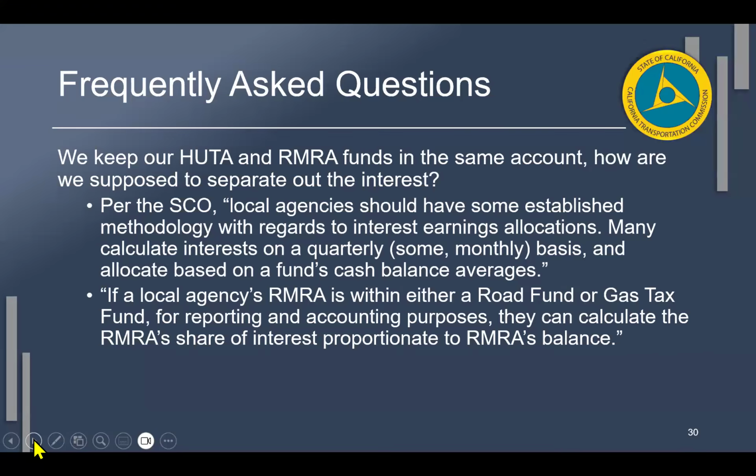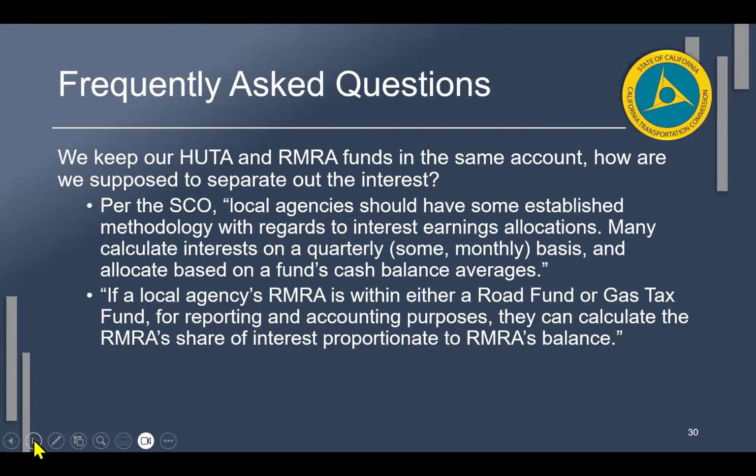There should have been some established methodology with regards to interest earnings and allocations. Many calculate interest on a quarterly basis, or monthly. And so how you do that is going to be up to you. But what you need to do is ensure that the coding of the two fund sources is different.